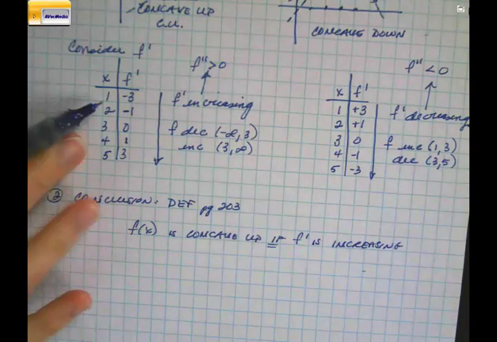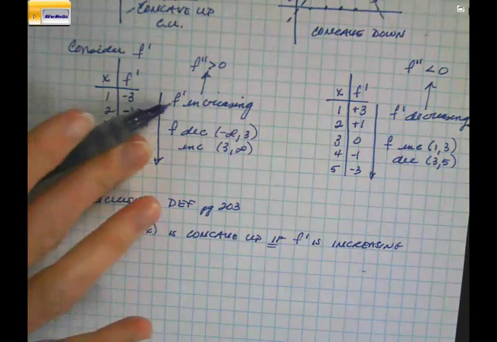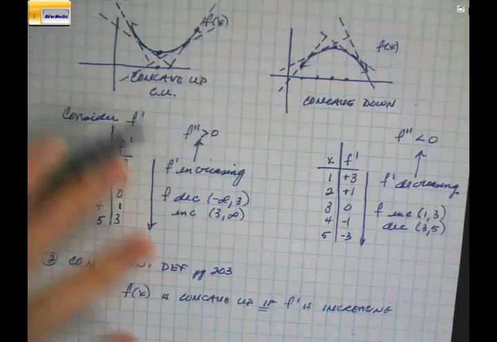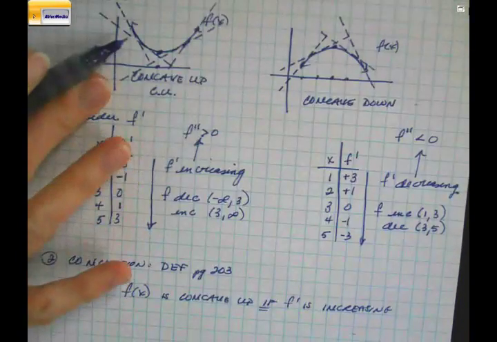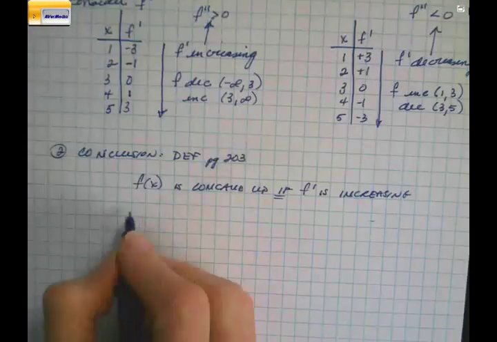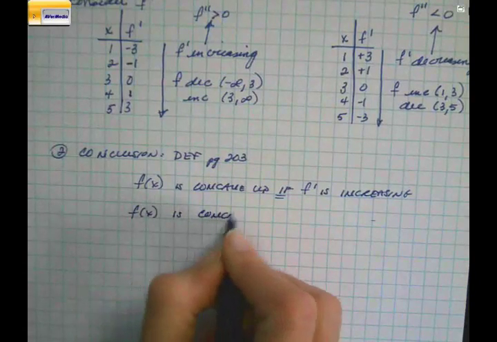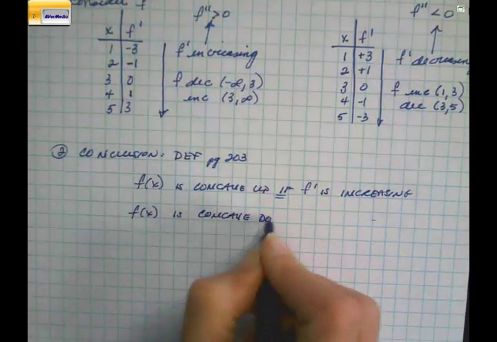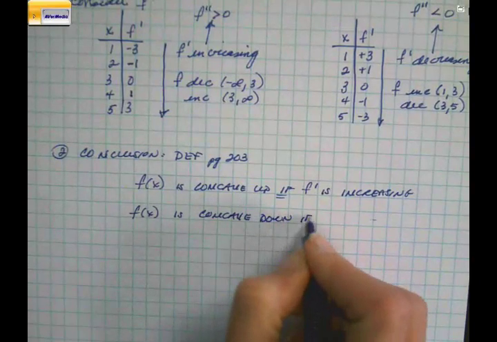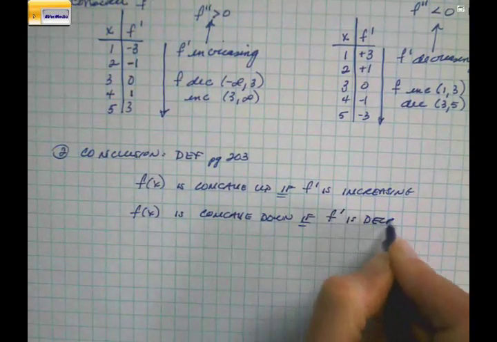Now, is that what we discovered with this table right here? When the first derivative is increasing in value, we have a graph that is concave up. The second thing it says is that f of x is concave down if f prime is decreasing.